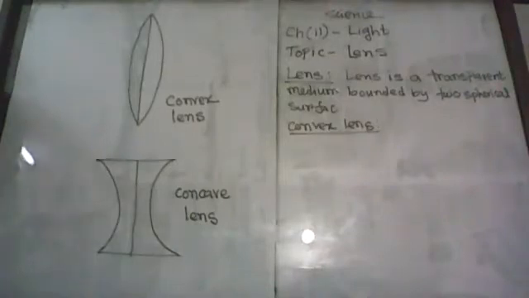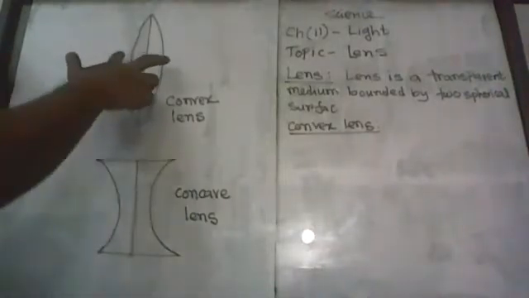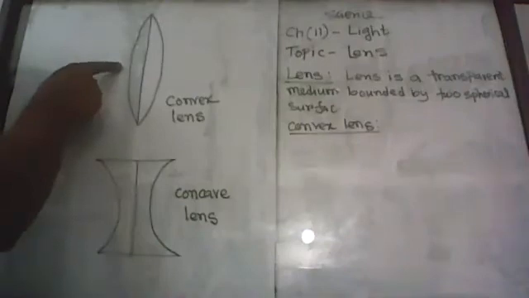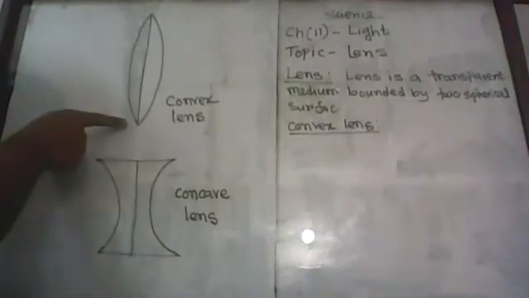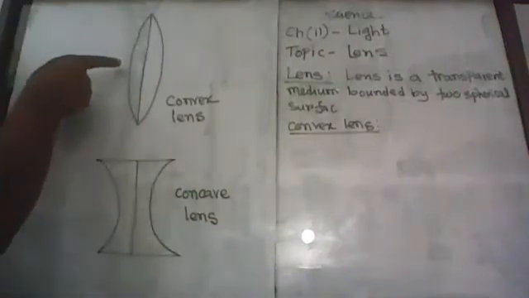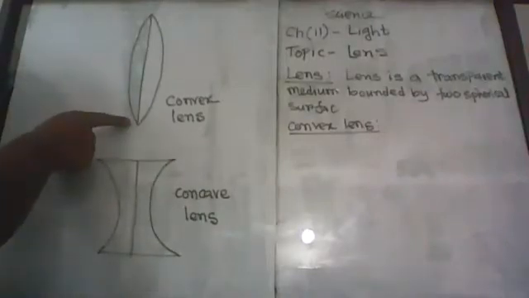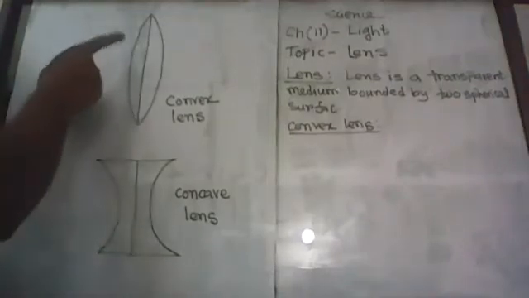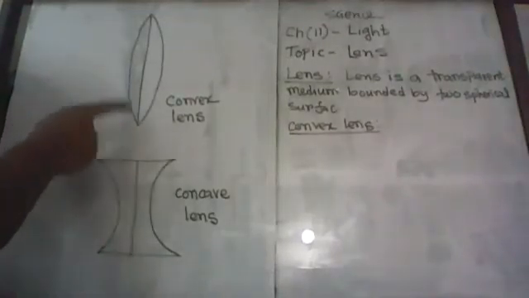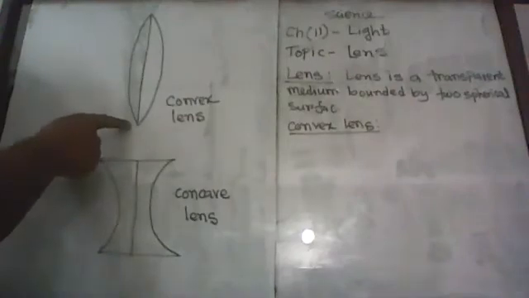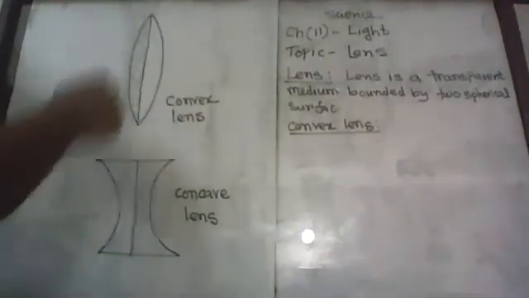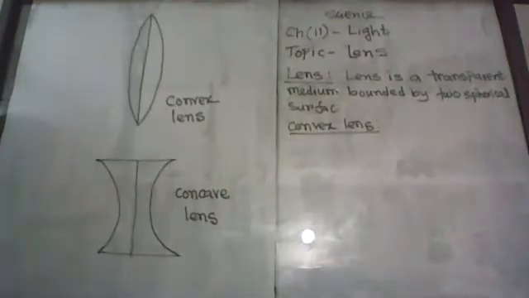And this special type of lens has a thick middle part and a thin edge part. So the lens which has a thick middle part and thin edge is called convex lens. So this is the structure of convex lens.